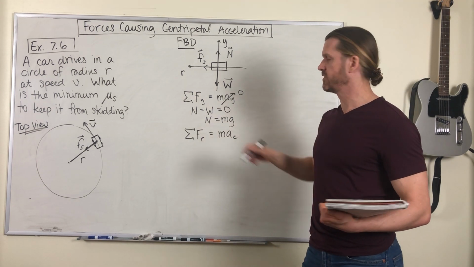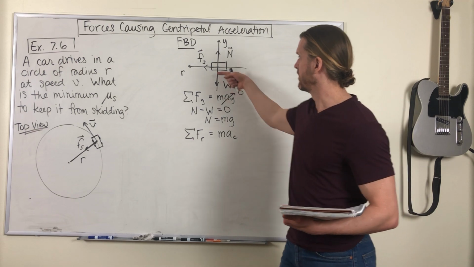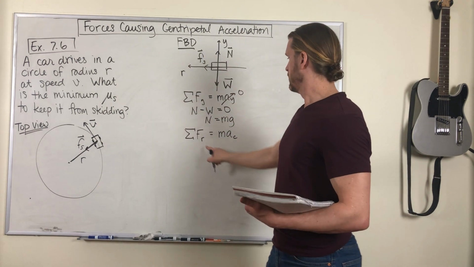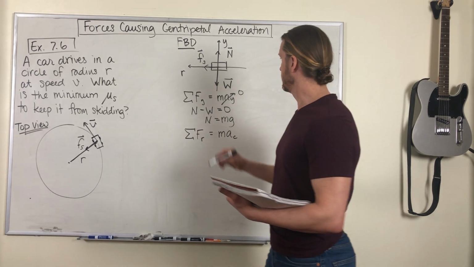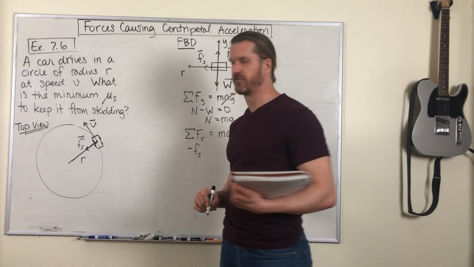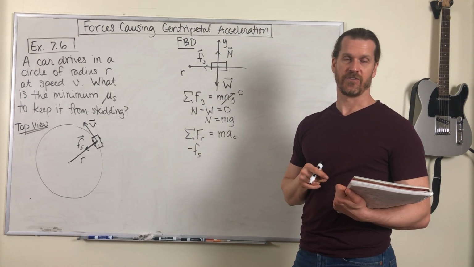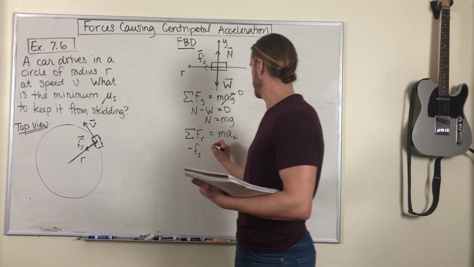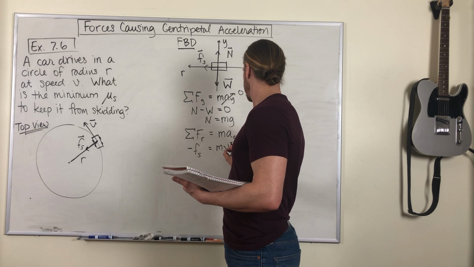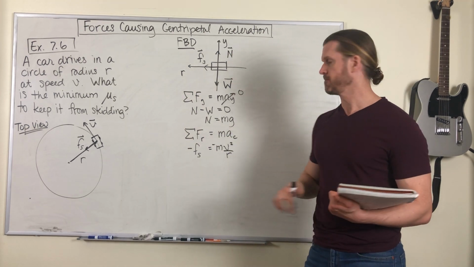So this is the new form of Newton's second law that we've learned about for dealing with this direction of the motion. Our centripetal force is static friction, and according to our sign conventions, because it's pointing toward the center, we give it a minus sign, and our acceleration is also pointing toward the center, so that gets a minus sign as well.